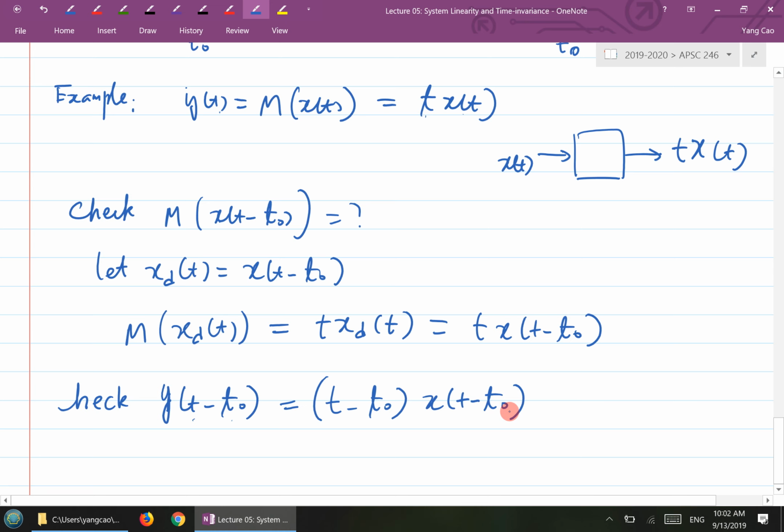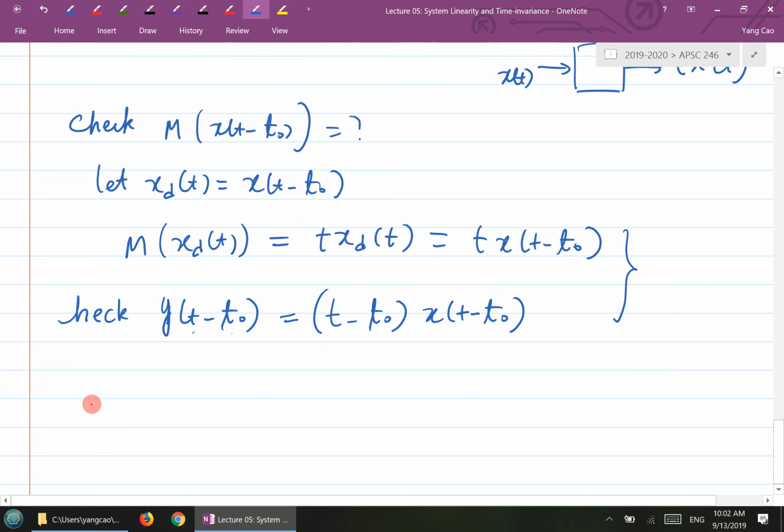This is the right side of the time invariant property. Then you can compare these two. They are not the same. The difference is here's t, here's t minus t naught. So then you can draw a conclusion. Hence, this is a time varying system.